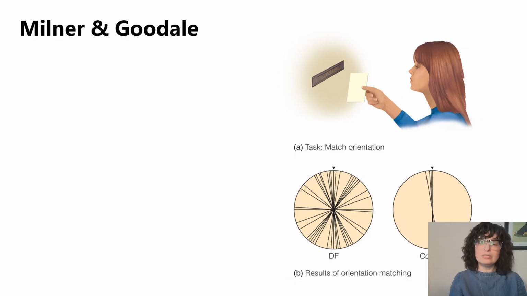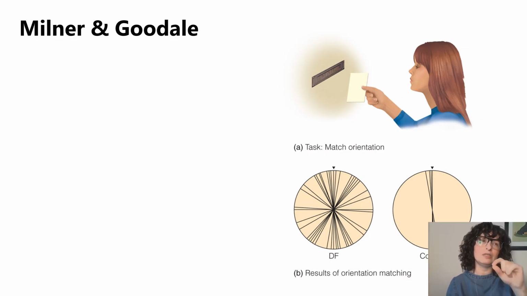So Milner and Goodale created this task where they asked DF and control participants to take a card and match the orientation of that card to the orientation of a slot. They had a contraption where they could rotate the orientation of the slot in all different directions, so on each trial it was oriented differently.